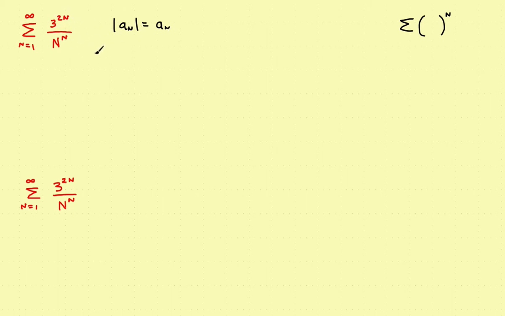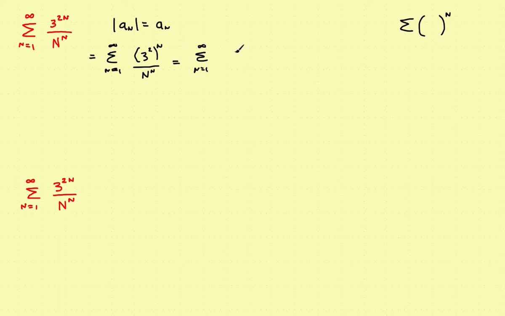So first, I'm going to manipulate things just a little bit. Think of 3 to the 2n. What I'm trying to do is get it in the form with an n out here all by itself. So I'm going to rewrite this as 3 squared raised to the n power divided by n to the n power, because remember, a power raised to a power is like multiplication. The summation goes from n equals 1 to infinity.